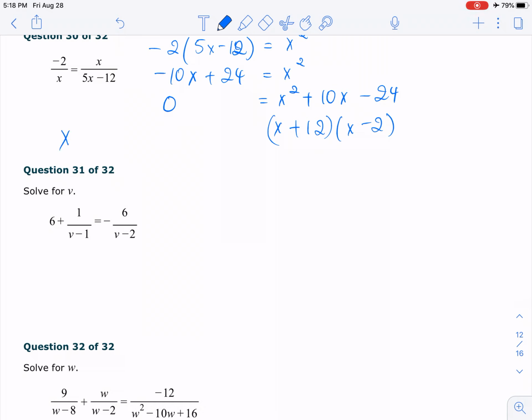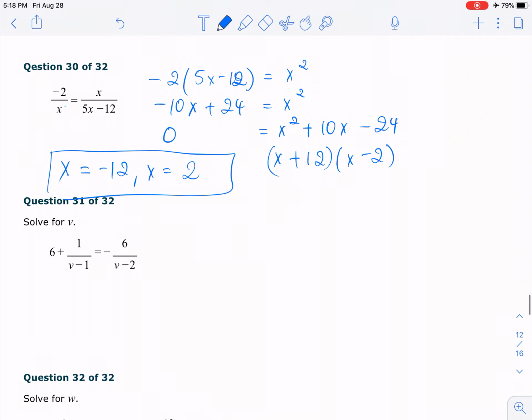Therefore, the answer is going to be negative 12 and positive 2, which is okay, because for this particular problem, when you plug those two in, you're not going to get 0. By the way, you should plug into your original equation to check your answer.